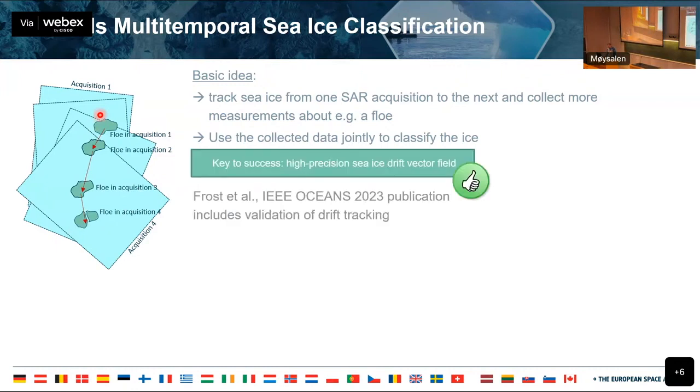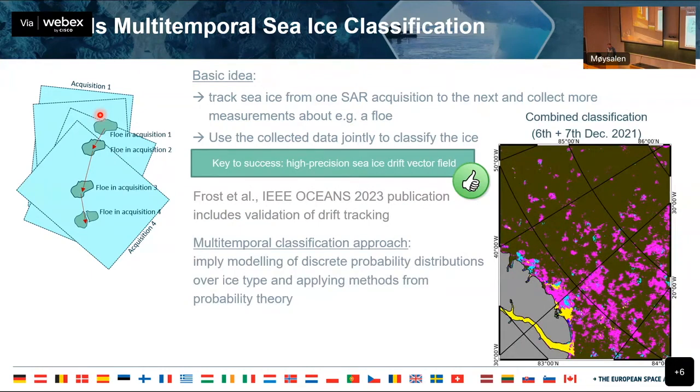So of course, a high precision ice drift should be derived from these images. And then that's the result of the classification, and it shows that there was mostly multi-year ice with a few patches of younger ice categories.